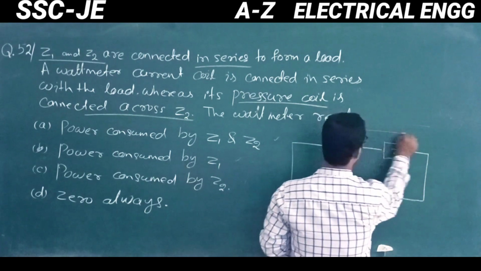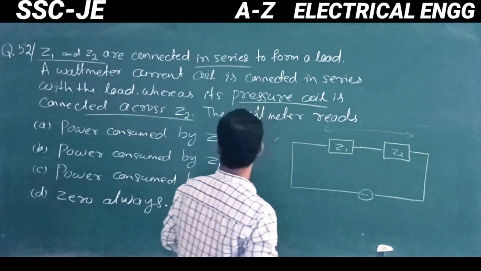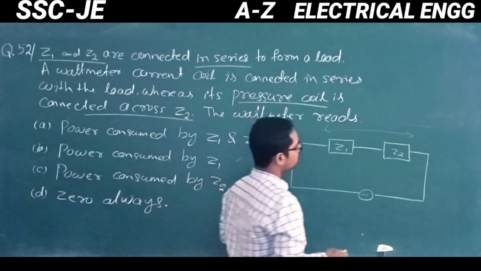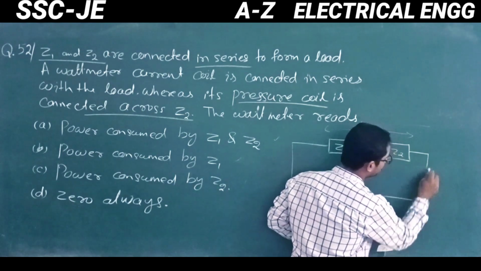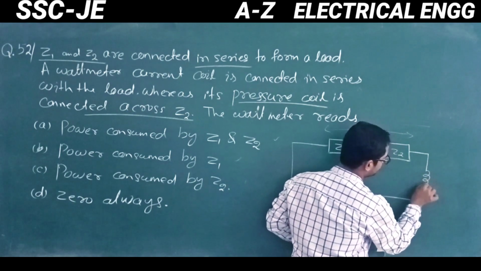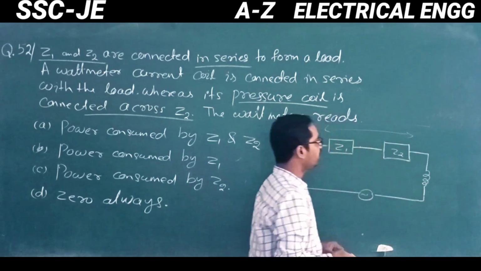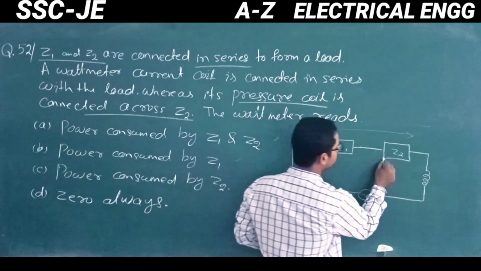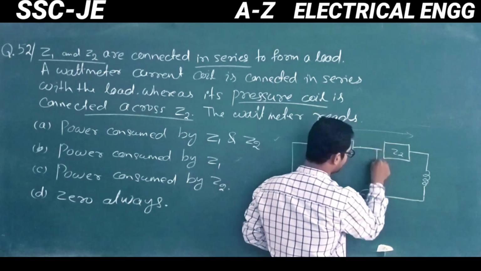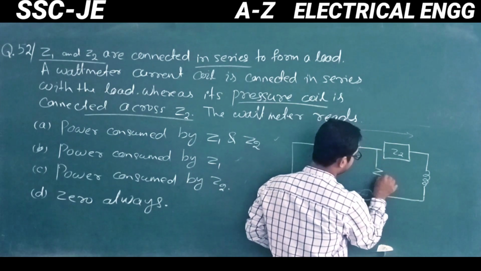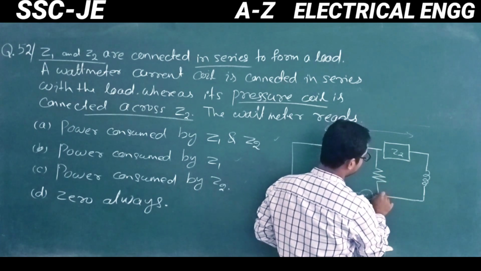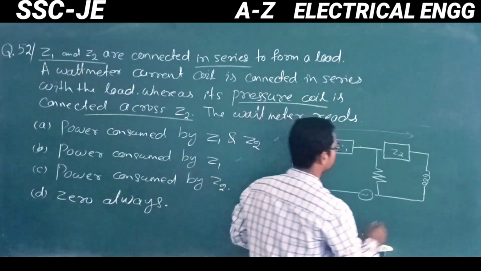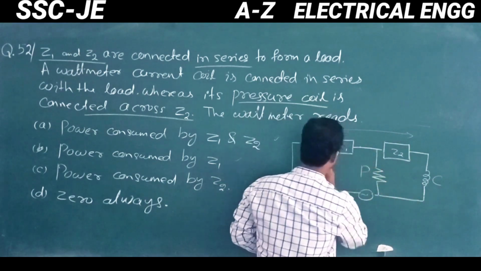Z1 and Z2 are your load, and the current coil is connected in series. The pressure coil is connected across Z2, so I am drawing the pressure coil here, just across. This is your current coil and this is your pressure coil.